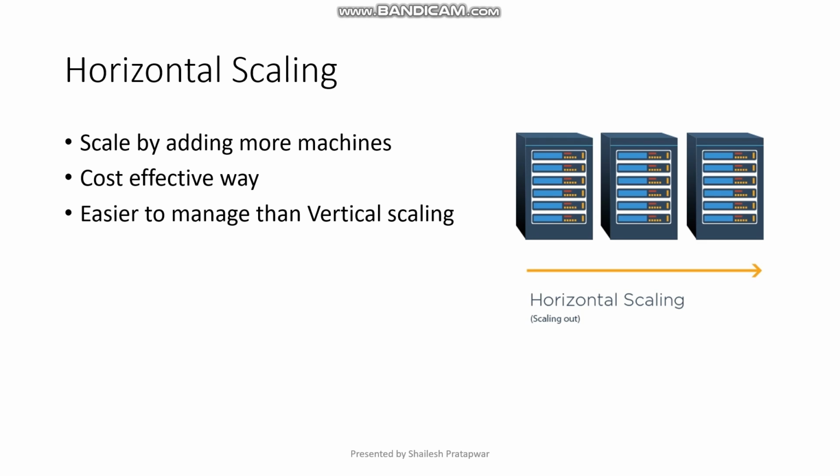They have low power, meaning not a very high power. These machines are not that costly. We are just adding more machines of smaller configuration. Hence, this is a cost-effective way. This scaling type is also easier to manage than vertical scaling.